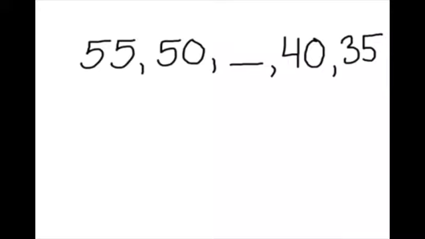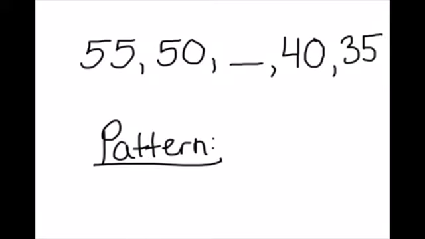So here's another pattern for us, another linear pattern. And just like with the input-output table, the biggest thing is I need to find out the rule or the pattern to this linear pattern so that will help me in figuring out that missing number. So we start off with a 55, and then it goes down to 50.